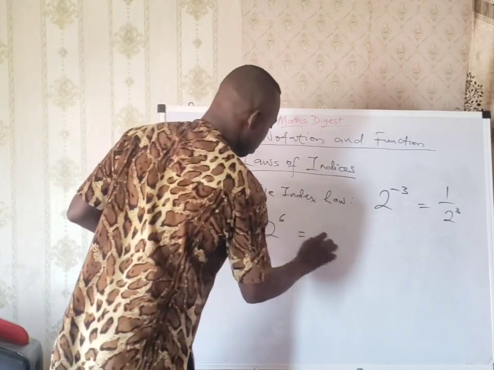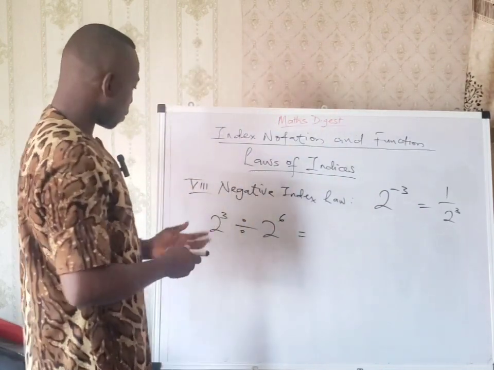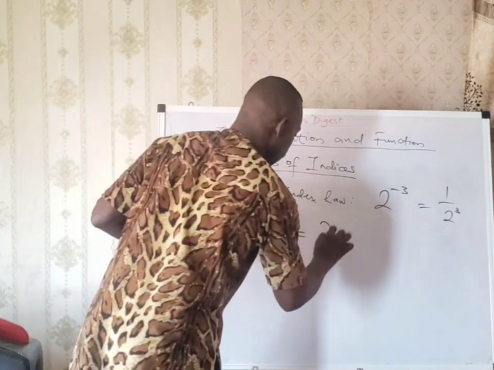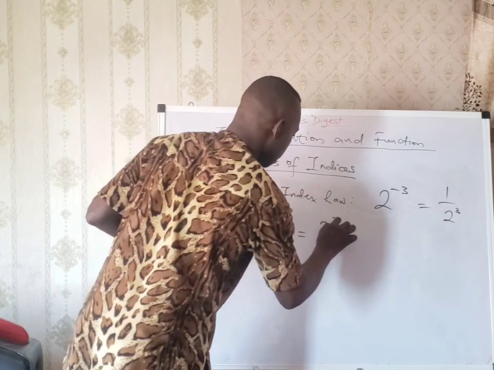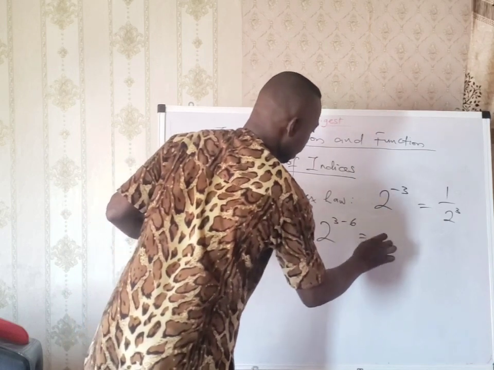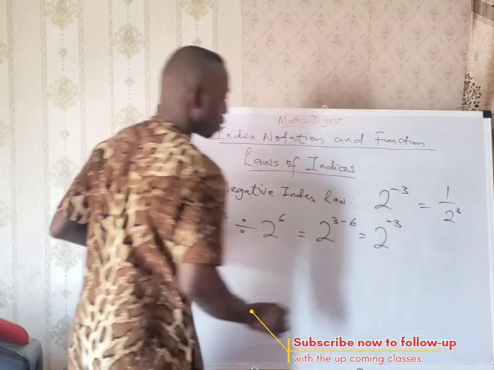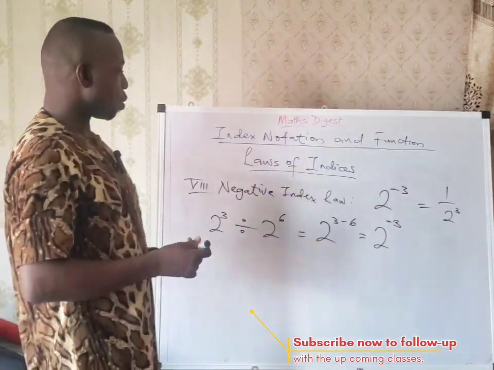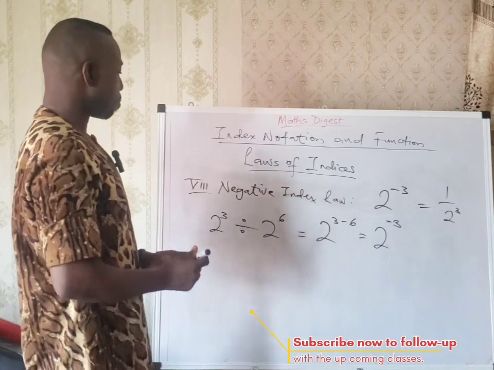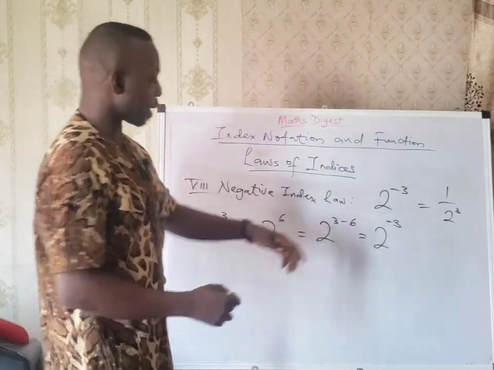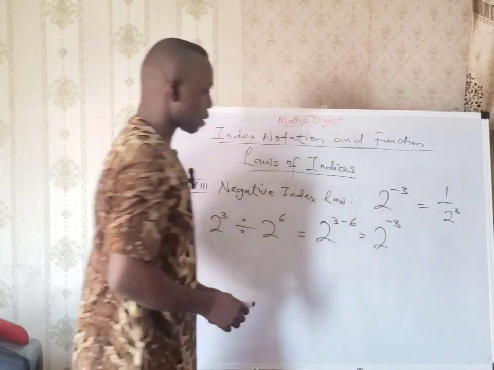We simply minus the powers. So with this we have 2 to the 3 minus 6, and this will end up giving you 2 raised to power minus 3. If you also want more demonstration, you can expand this out and see if you can arrive at this minus 3.